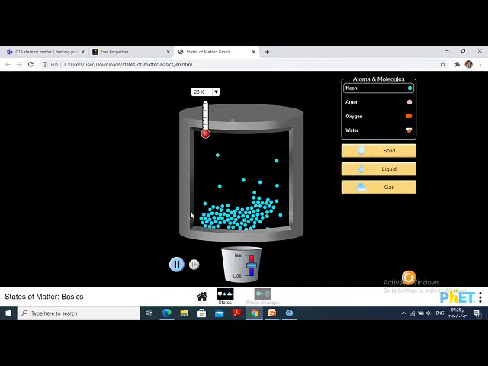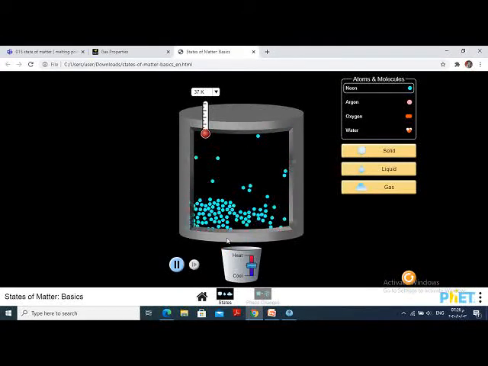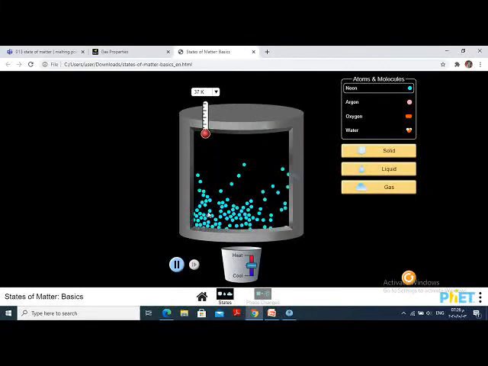At this point, when the solid state transfers to a liquid state, the temperature is called the melting point. If I add more energy, and all the particles are in a liquid state and we don't have any solid left, then any more thermal energy I add, the particles will take this energy and move faster.